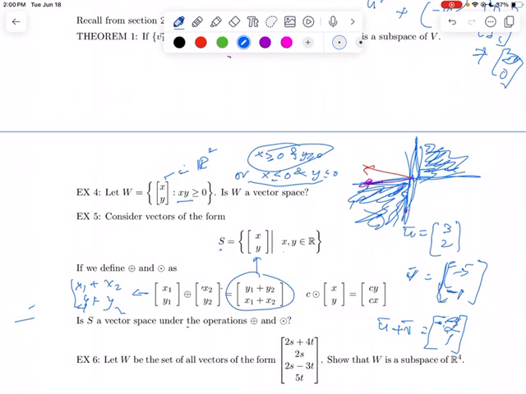The result which should be in the first place is going to the second place, and the result which should have been in the second place is going to the first place. So this is not the usual addition. But if you look at how scalar multiplication is defined, that is fine. That is our usual scalar multiplication. So now when you check step by step, you will see that one of the addition properties is violated.